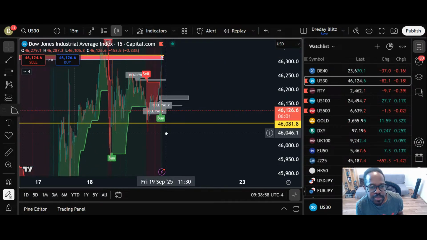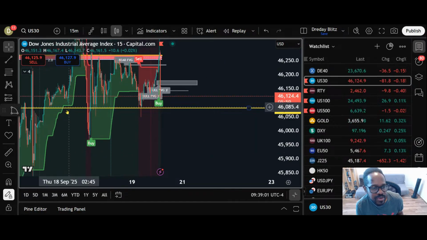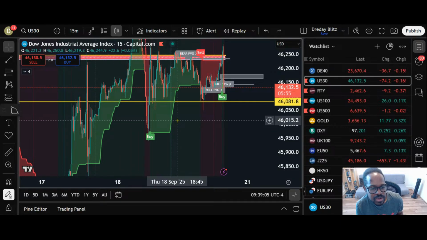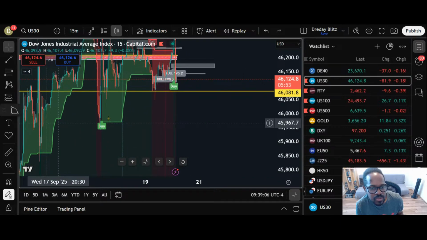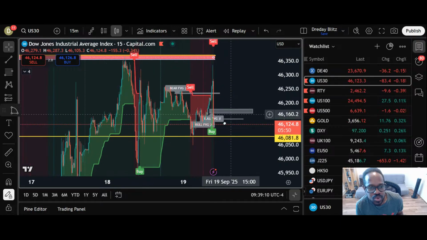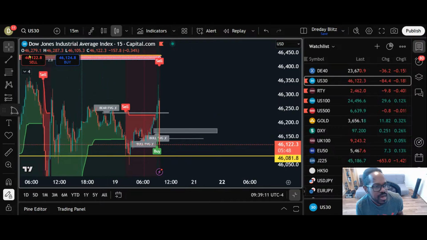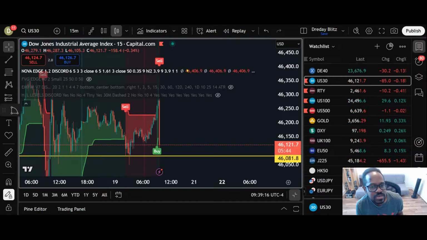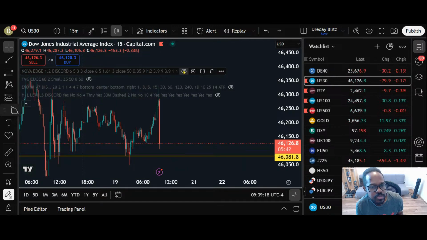So if we go to the past, we did have a fair value gap here that was created based off of this move right here. So right now, as you could see, it's doing a higher low. So I'm just going to remove all of the indicators, and we're only going to be looking purely at price action and candle formation.